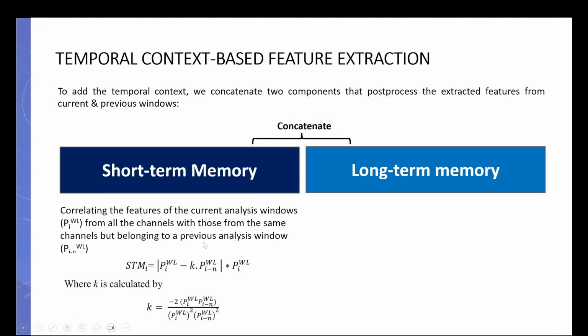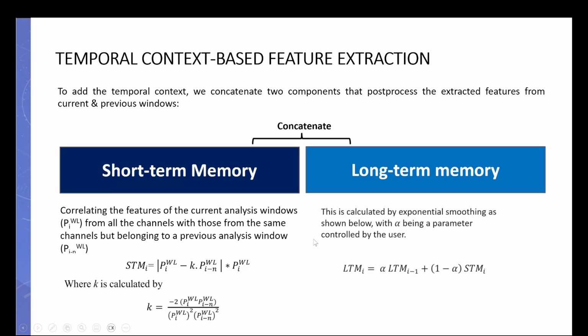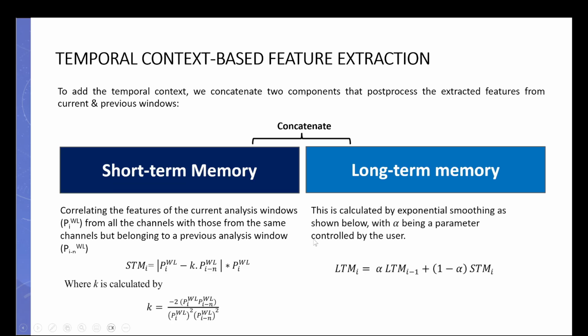And this is the short-term memory component. What we have also added over here is a long-term memory component, and this is calculated by exponential smoothing with a parameter alpha that you can control yourself as a user. So a short-term memory component concatenated with a long-term memory component, and we said, let's go with this approach.